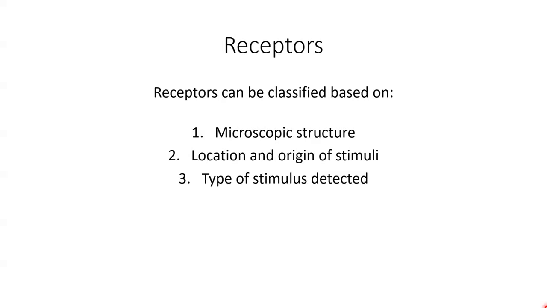Now, I just want to point out here, and this is not something that you need to write down, but just be aware of, not all sensations will result in perception. What I mean by that is sometimes a receptor will be activated, but you won't be consciously aware of it. This can depend on the part of the brain that receives the neural input relating to that particular stimulus.